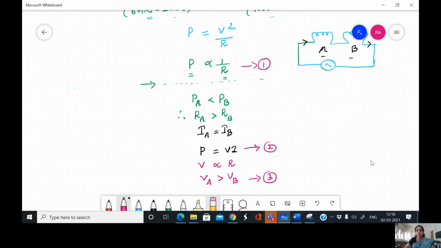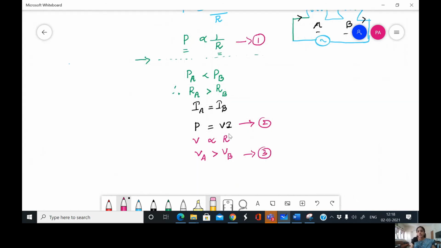Now we understand that I is the same, so you can write this as one more equation. Let us give it a name, 4, any name you give. So from equations 2 and 3, what we understand is current is the same for both the bulbs, but voltage is more for bulb A. That means power is more for bulb A in series connection.